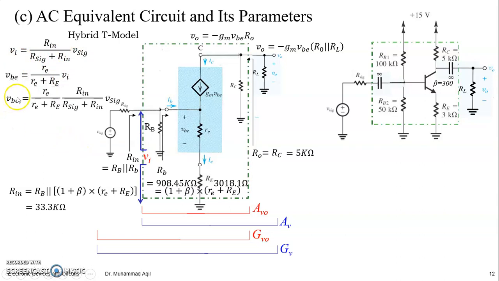So what part of the V signal is actually appearing as VBE? It's a tiny part of V signal as compared to Vi.